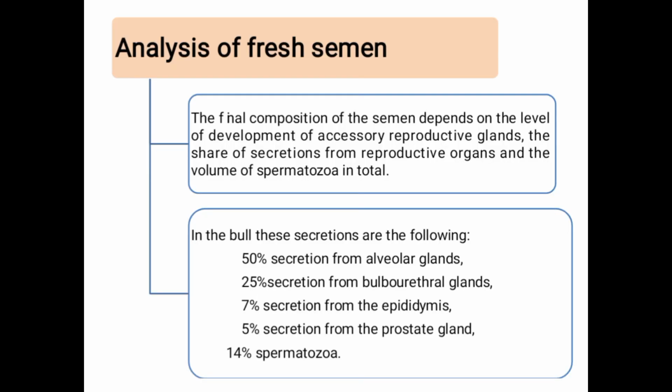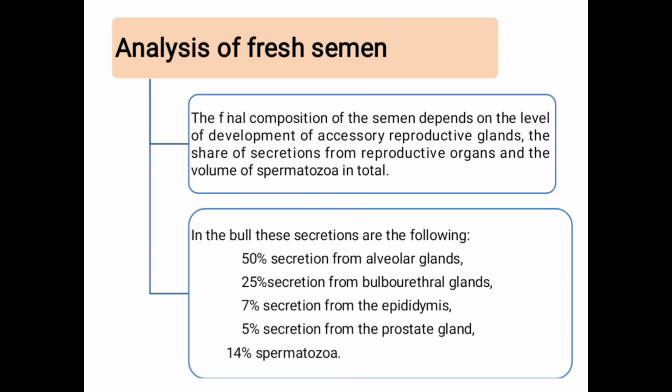So in analysis of the fresh semen, the final composition of the semen depends on the level of development of accessory reproductive glands secretions and the semen or spermatozoa quality.